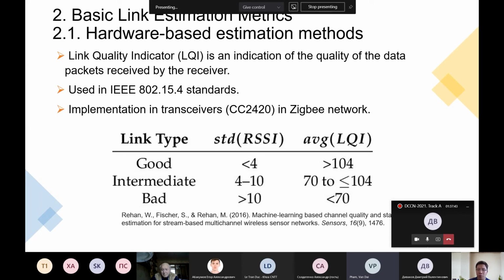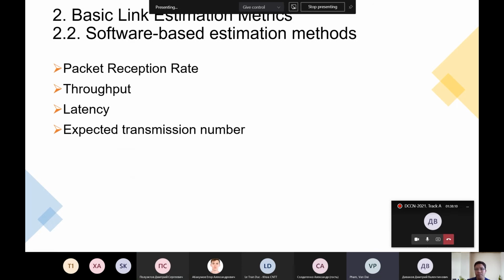Moreover, the measurement results are very unstable. Hence, it's difficult to estimate the exact link quality if only one measurement is performed. Despite fast and cheap implementation in hardware, these methods provide only limited information about link quality for a stable channel. Thus, using a combination of hardware and software metrics will improve the accuracy of link quality estimation.